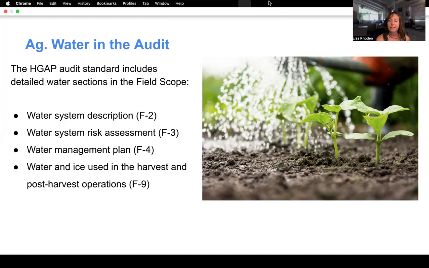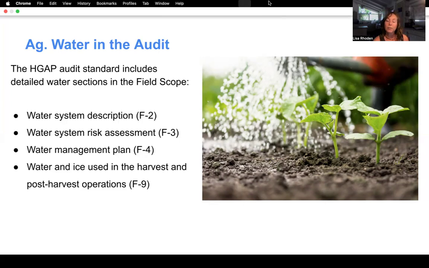First thing it's going to ask for is a water system description. That's in section F, the field scope. Then we're going to be looking at a water system risk assessment. That's something that will be incorporated into your overall risk assessment that we'll be doing with you guys if it hasn't happened already over the next couple of weeks.